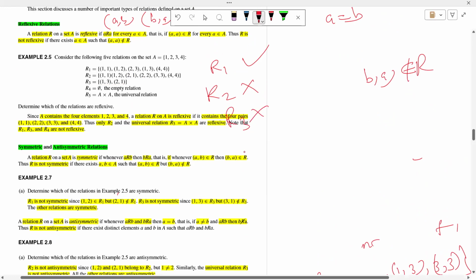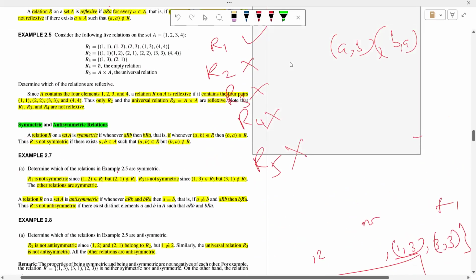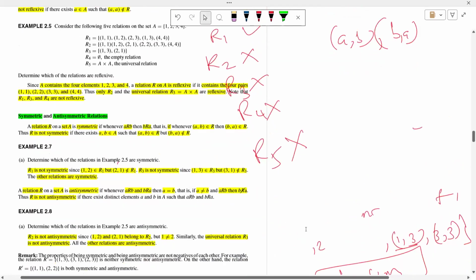R4 is also not antisymmetric. R5 is not antisymmetric. Why? R5 is a universal relation. Definitely, if we have a comma b, then b comma a is also there for each and every element. So R5 is also not antisymmetric.